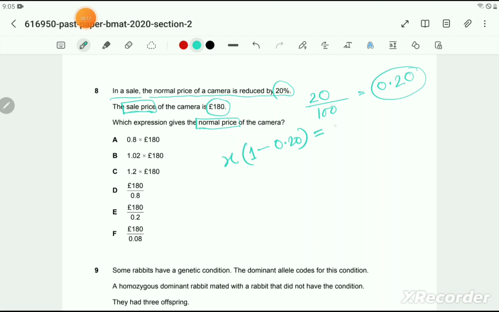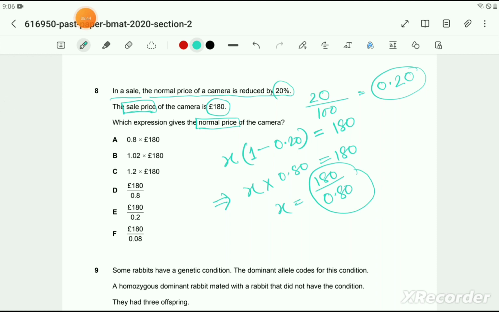It would be the price at present, 180. Therefore we can write x into 0.80 equal to 180. So x equals 180 divided by 0.80. This is the actual or normal price. So now we can find the answer.